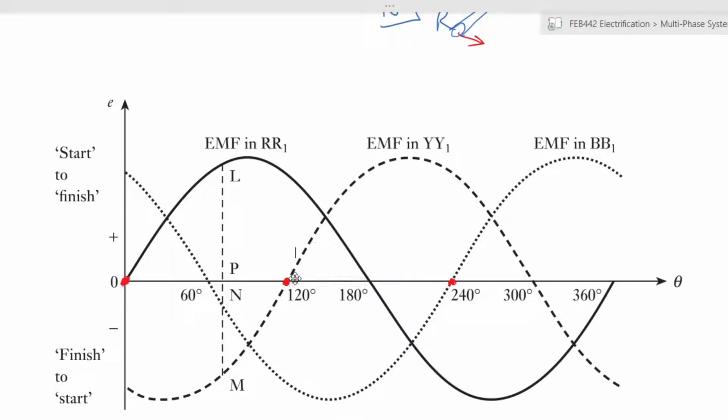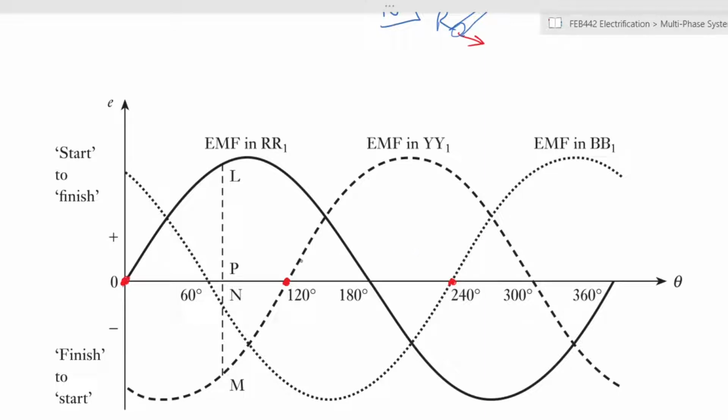And these differences in electromotive force, these lags, yeah, because it is lagging behind. It takes 120 degrees for the yellow to reach the same point where red was. These lags are what now create a 3-phase voltage, right?